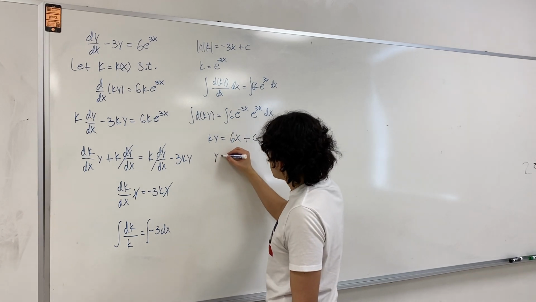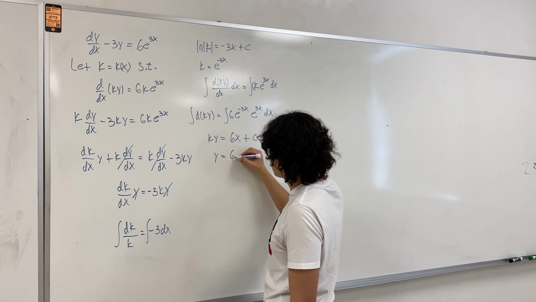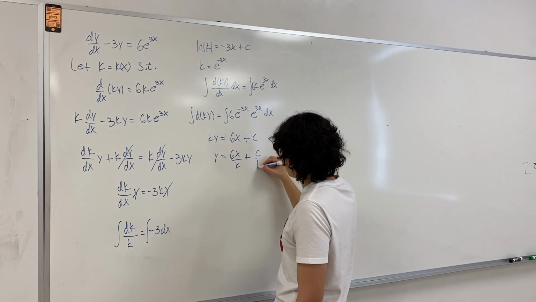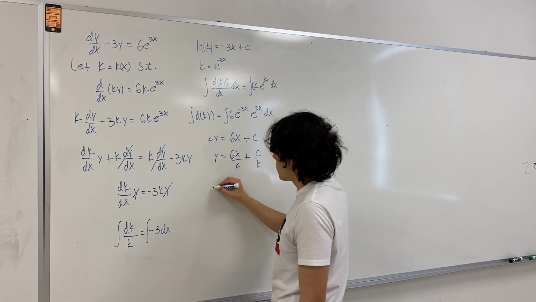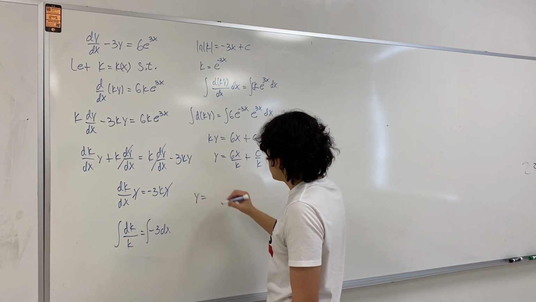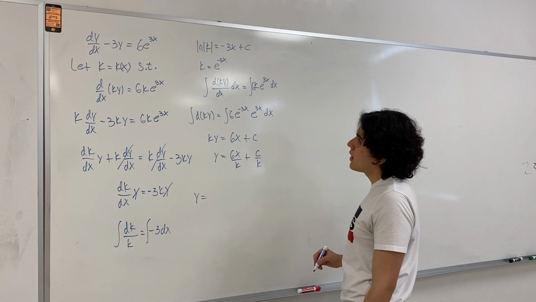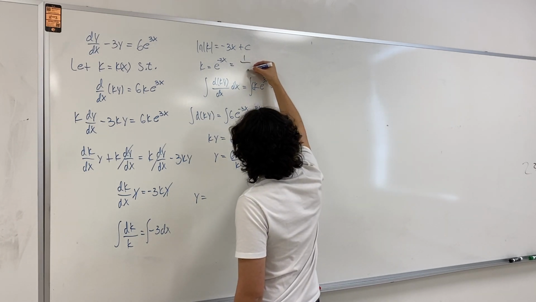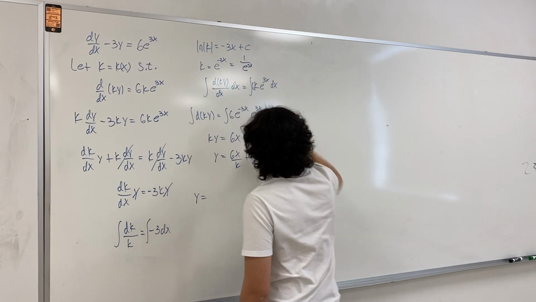And now we just need to solve for y, so we just do algebra. We have 6x divided by k plus c divided by k, and we have y is equal to 6 divided by k. When you write it like this, it is also equal to 1 over e to the negative 3x.